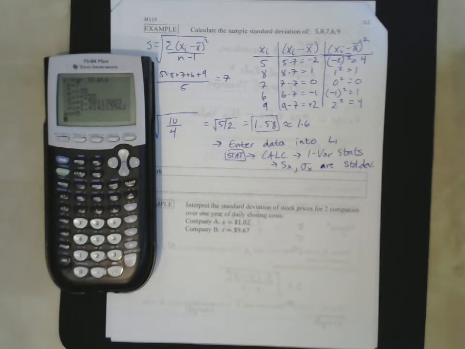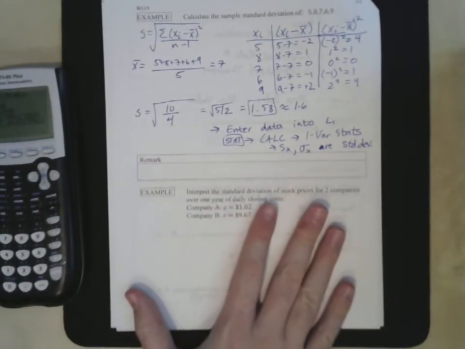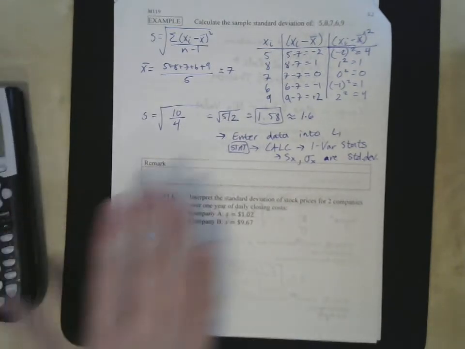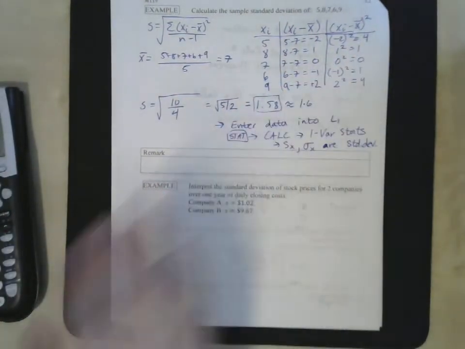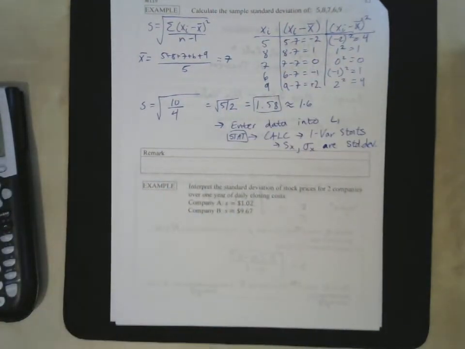S for sample, sigma for population. So that's a way that we can do that without having to do everything by hand. Now for small data sets, it's good to know how to do this because you want to be able to understand, if you're getting an answer incorrect, what's happening in the calculator.